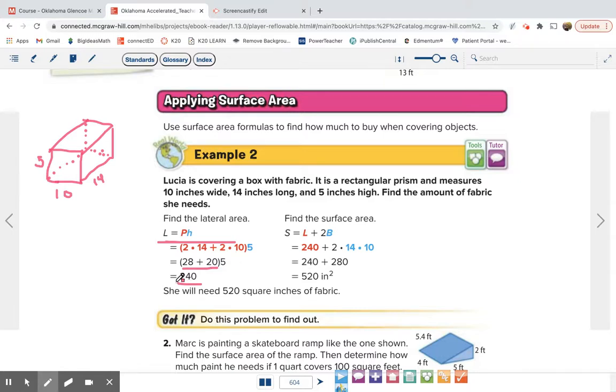Then to find the actual surface area, we take that previous number plus 2 big B. Big B means area of the base. Base is a rectangle, so length times width, 10 times 14, then times 2. Then add those numbers together and we get that she will need 520 square inches of fabric. Okay, so that's a realistic problem.